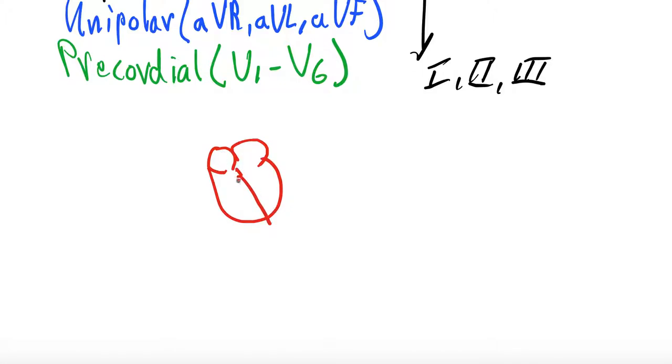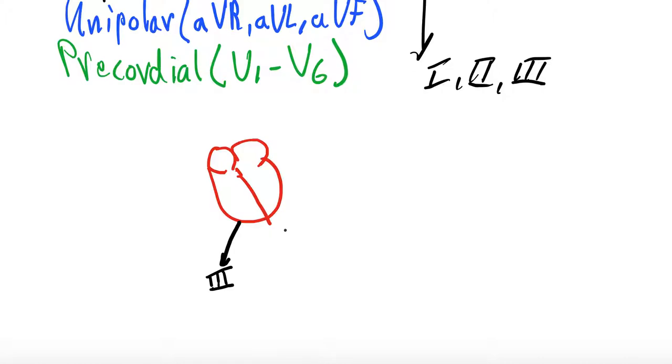Okay. So let's start with our bipolar leads. That's leads 1, 2, and 3. So our bipolar leads are going to go here. Guess what lead this is, right? So this is going to be left arm to left leg, which is going to be lead 3.